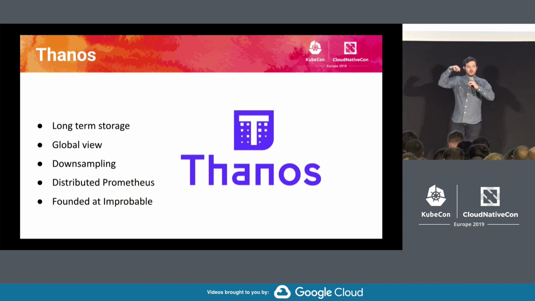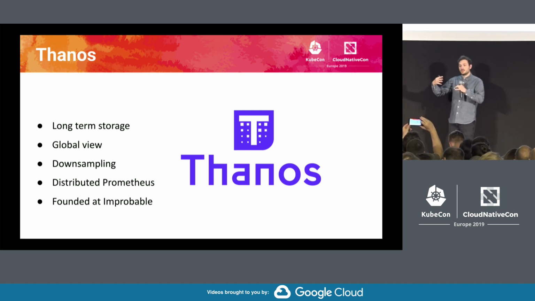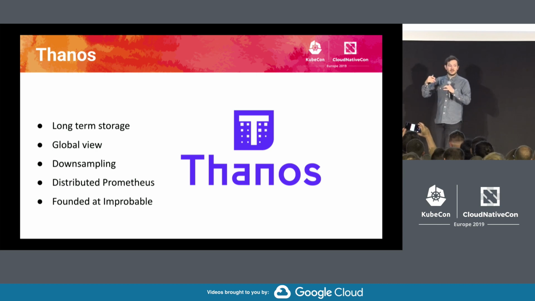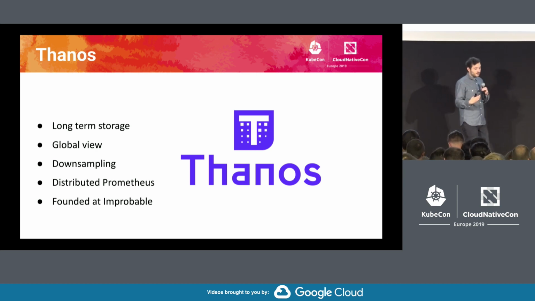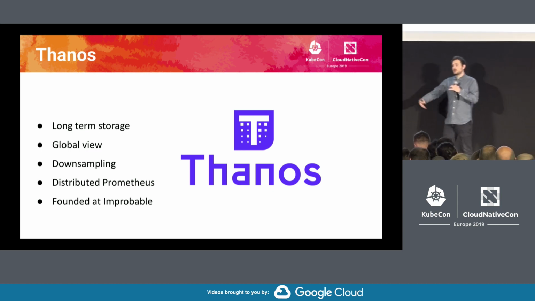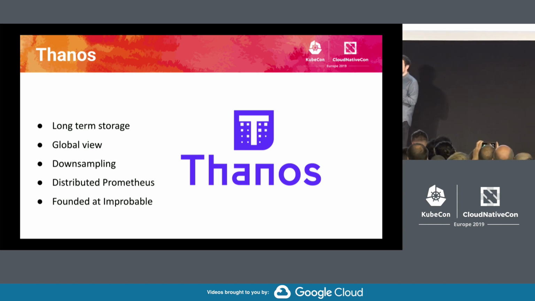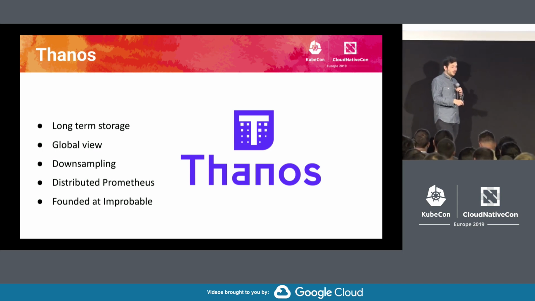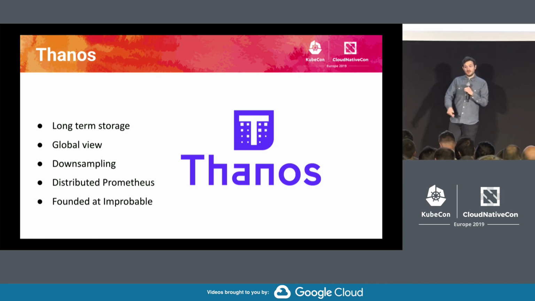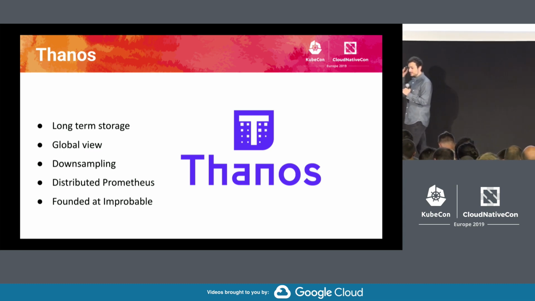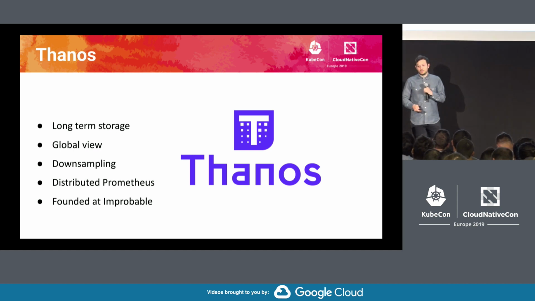Basically, Thanos takes the pieces of what is, let's call it, the monolithic application that makes up Prometheus, pulls out the query layer and the storage, and makes it a distributed Prometheus instead of a monolithic process. Now, that doesn't mean that you won't need your Prometheus anymore. We want to monitor our distributed monitoring system with a non-distributed monitoring system. But nevertheless, this is still a really awesome project.